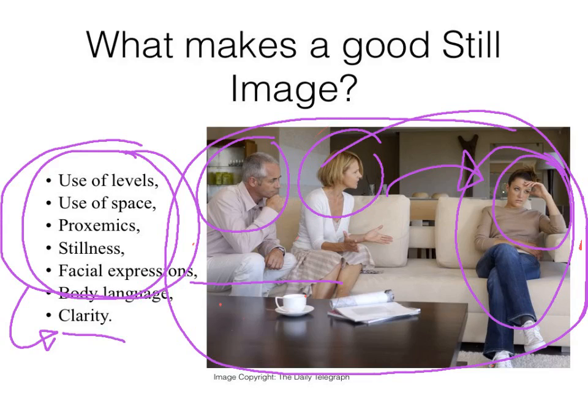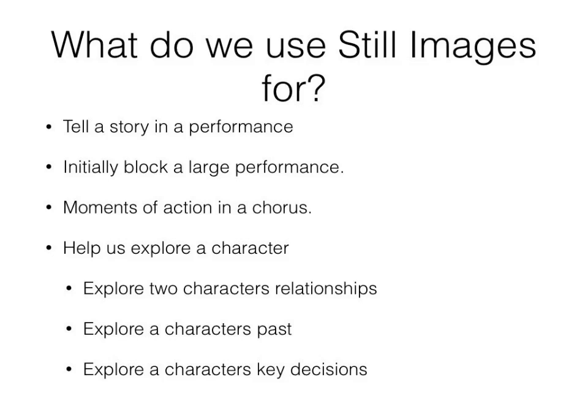So what do we use still images for? We use still images for a variety of things. Firstly, we use still images to tell a complete story in performance. Sometimes that story can be quite naturalistic, quite realistic, like the image we've just seen. Sometimes those images can be quite abstract or symbolic.